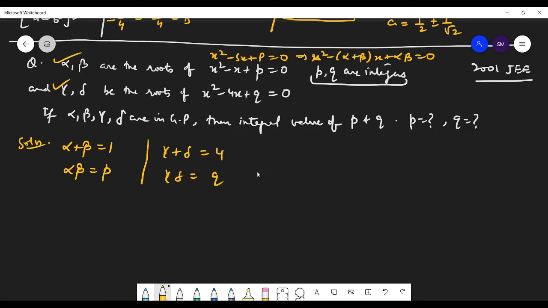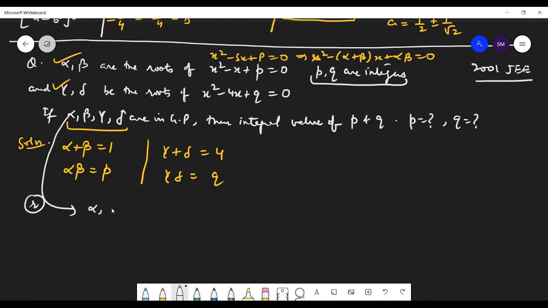So I've got the 4 equations, and these 4 numbers are in GP. Let r be their common ratio. So how do you write these terms, students?